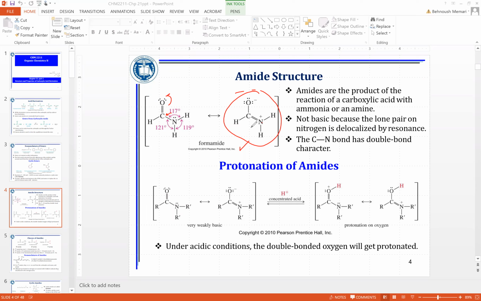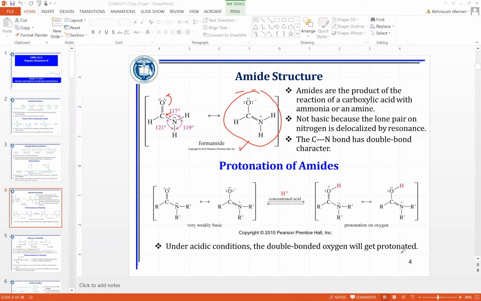So if you compare the boiling point or melting point for amide to other families of organic compounds, amides would have extremely high melting or boiling points, and that is all due to these positive and negative charges that you have in one of the resonances. The pair of electrons on nitrogen can also be used to do the protonation.